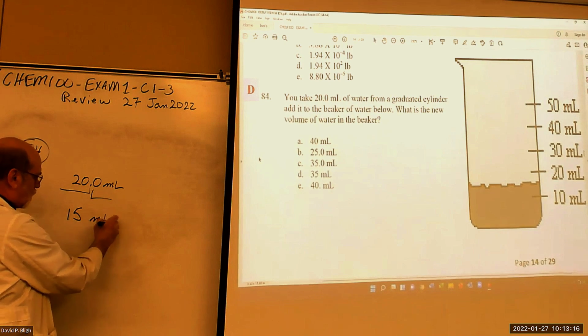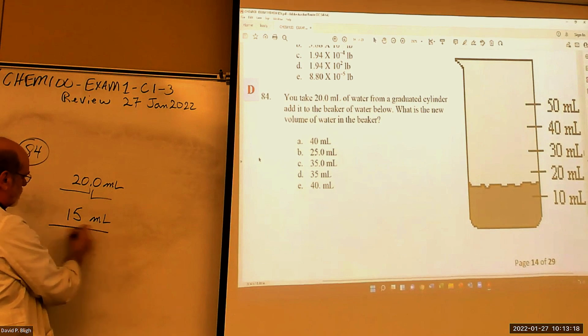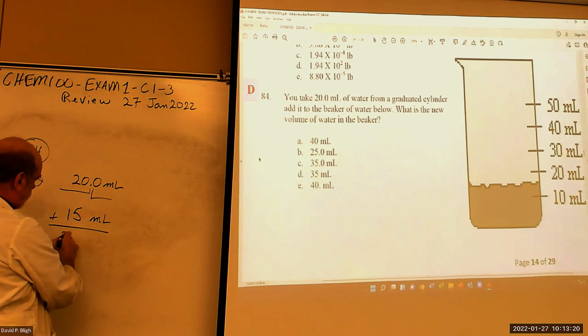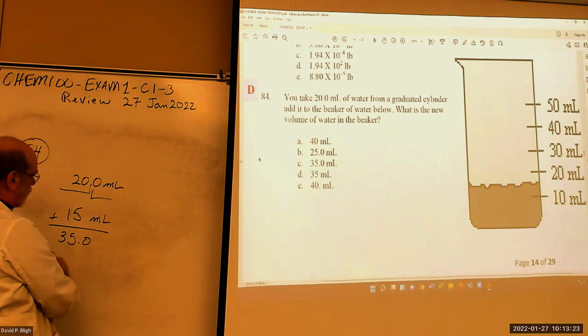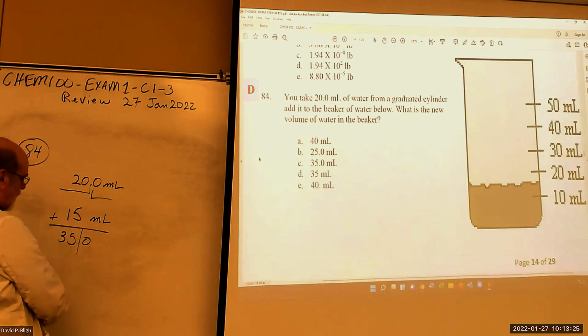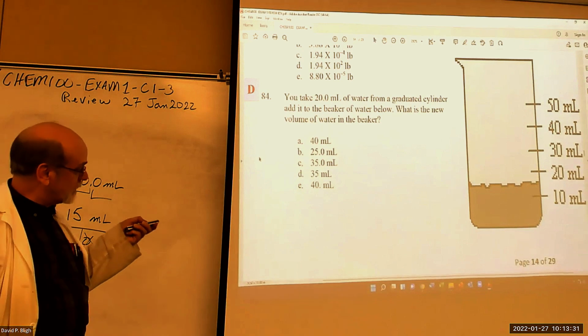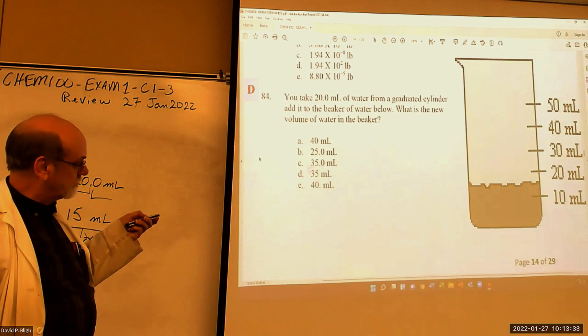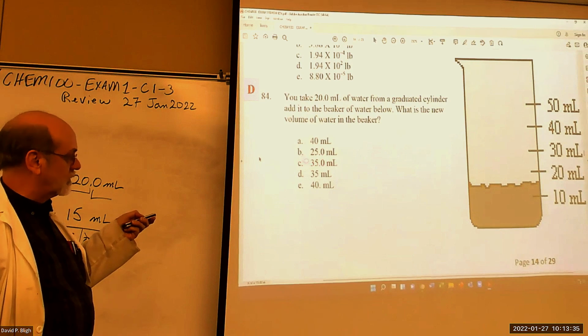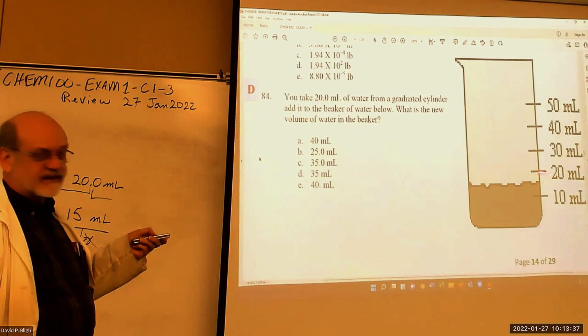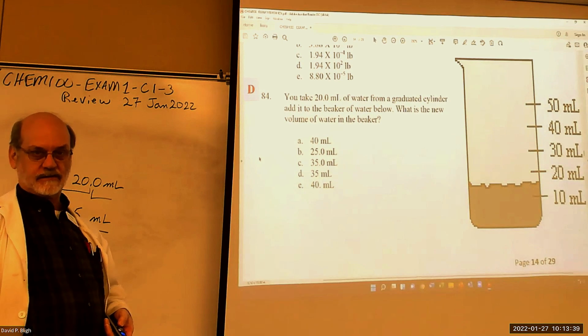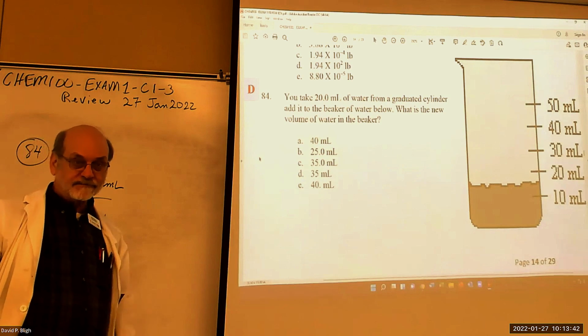So that's what we're starting with, and we're adding this to it. So if we say 35.0, we can only keep that much of it. And rounding off, that's a 0, so this is 35. So that's why the answer is 35, not 35.0, because this limited the accuracy of our answer. Okay?